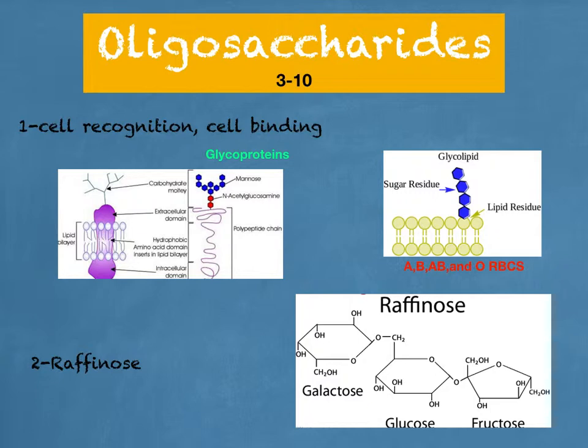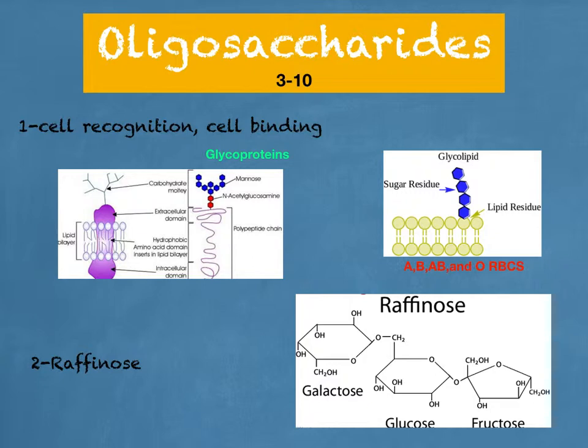In immune response or inflammatory response, glycoproteins play a major role. So oligosaccharides give cell identity and cell adhesion on one side.